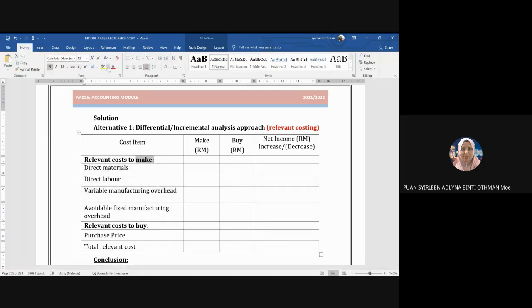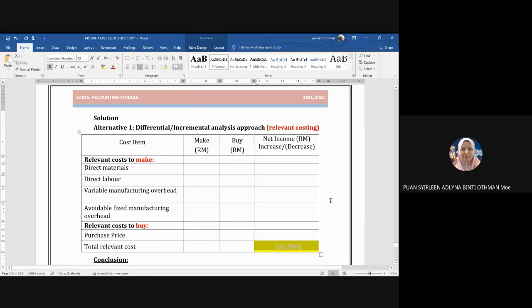Dan saya juga perlu kira apakah kos yang saya perlu tanggung kalau I decided to buy in one particular table. So nanti keputusan dia last kali ni awak akan tengok dekat sini. Okay, we will decide, alright, based on what we get here.